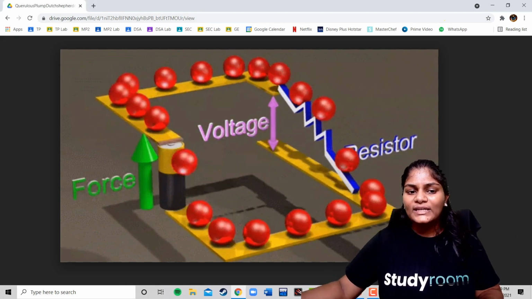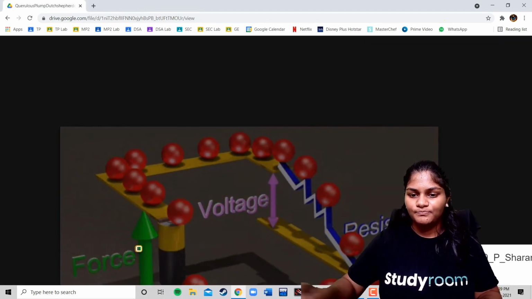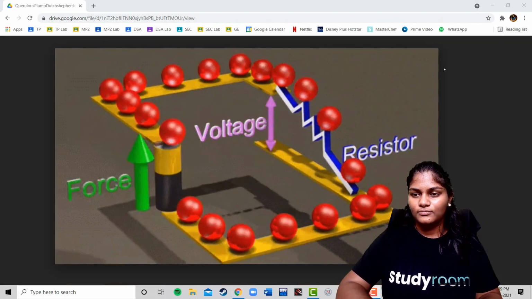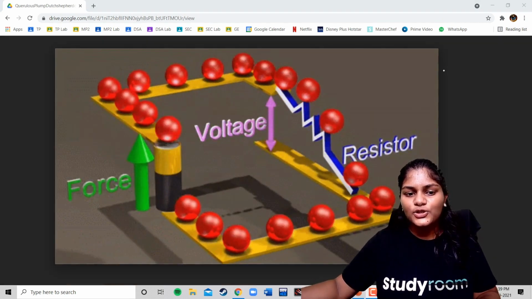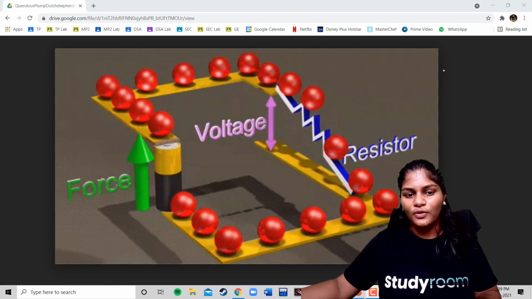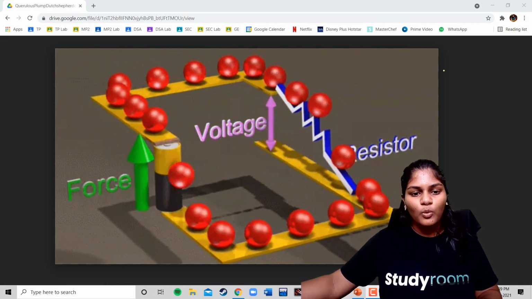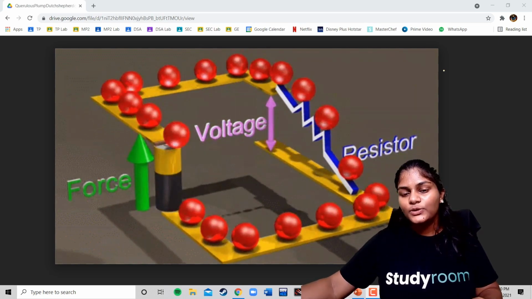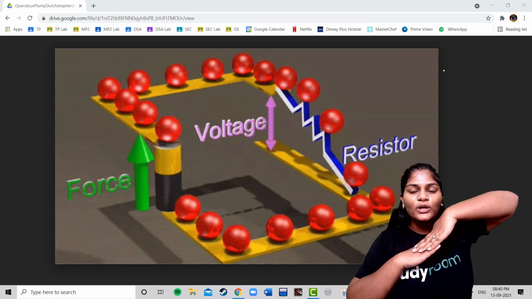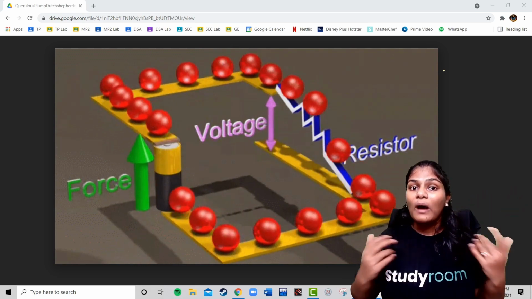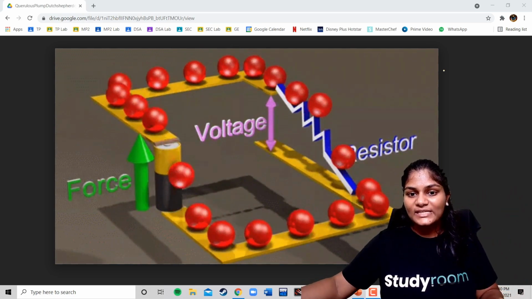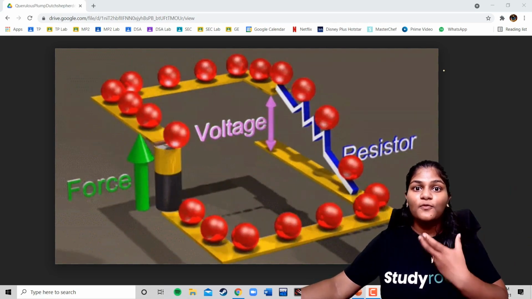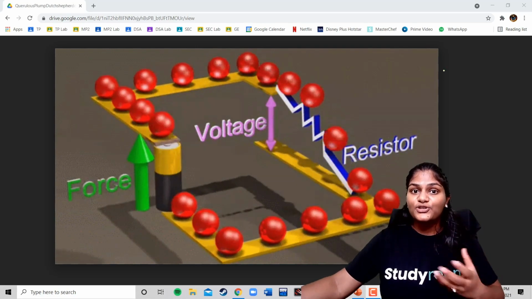Now, what are these lines of force and the voltage that are shown? Here you can see that the resistor is almost like on an inclined plane, right? Why is that? This is basically to show you that there is a difference in the voltage, which we call a potential difference.